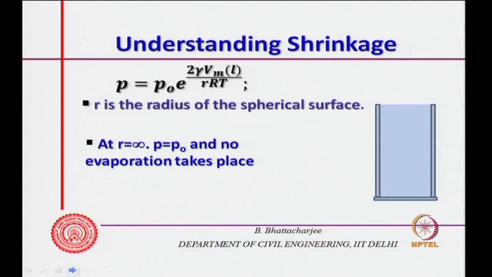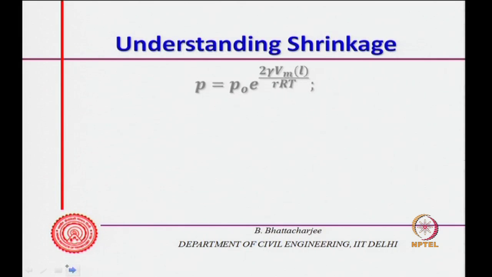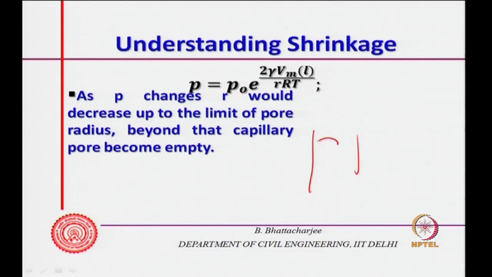Now, as the vapor pressure changes, r would decrease, up to the limit of the pore radius, because r cannot be smaller than that. So r changes up to the pore radius, and correspondingly P changes as well.